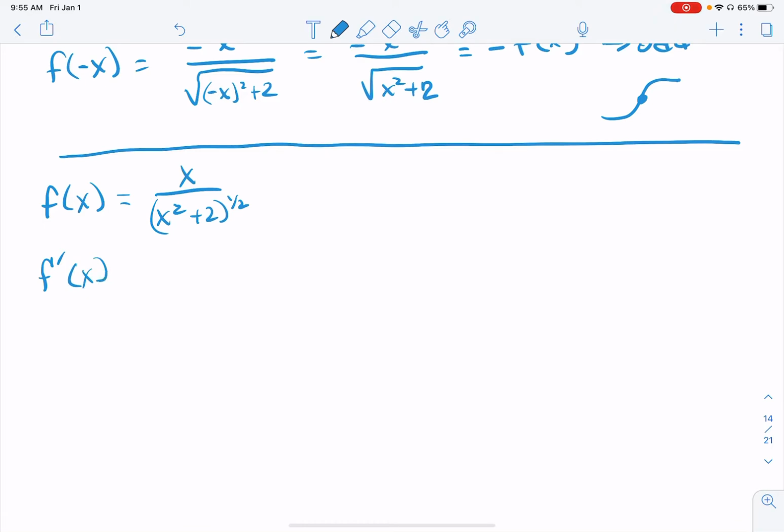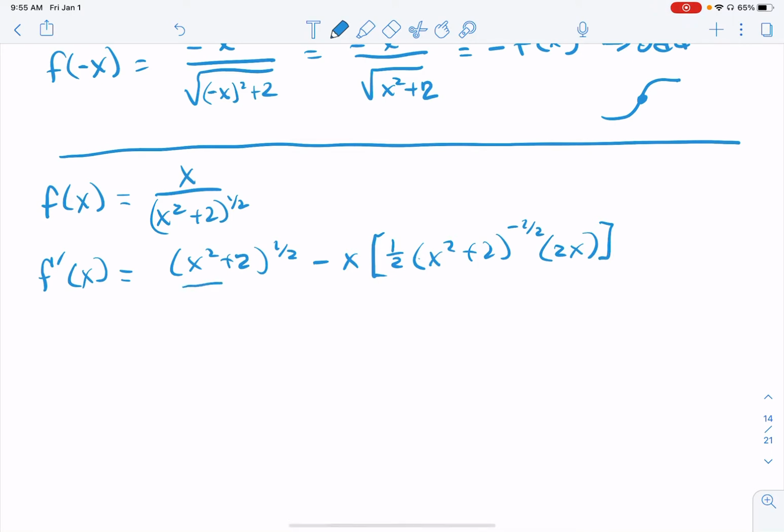So f prime is equal to, derivative of the top is 1 times the bottom, x squared plus 2 to the 1/2, minus the first one times the derivative of the second, leapfrog the 1/2 down, x squared plus 2 to the negative 1/2, and then times 2x for the chain rule part of it, all over the denominator squared.